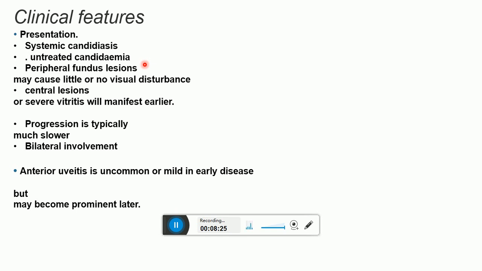Peripheral fundus lesions may cause little or no visual disturbance, while central lesions or severe vitritis will manifest earlier. Progression is typically much slower than bacterial endophthalmitis. Bilateral involvement is common. Anterior uveitis is uncommon or mild in early disease but may become prominent later.